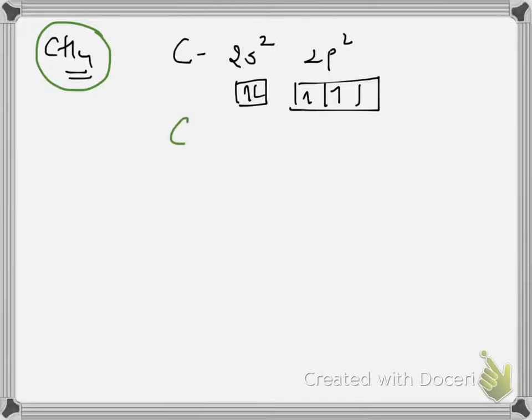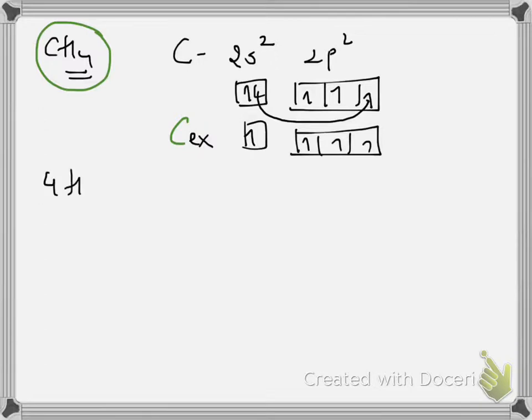So carbon goes to an excited state: this electron is excited to this orbital and becomes 2s1 2p3. Now we have 4 half-filled orbitals after excitation of the carbon. Thereafter we have 4 hydrogen atoms, each of which has a configuration of 1s1. One hydrogen here, another hydrogen here, third one and fourth one.